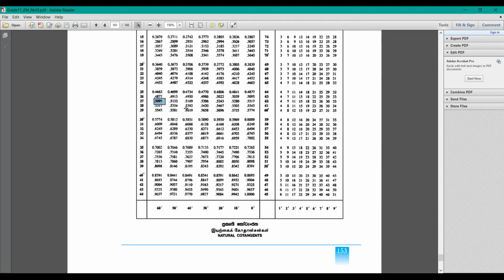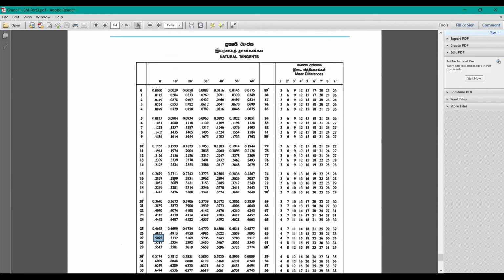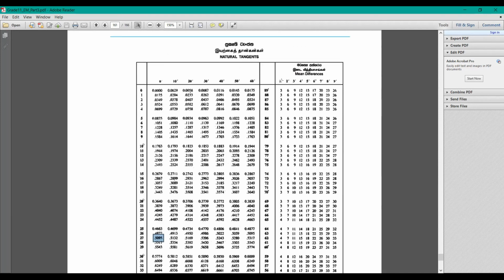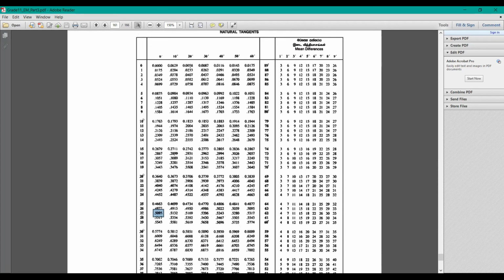From the mean difference, you can add 3, but you have 4 here, so you need to add 4. The angle value here is 27 degrees, and the 4 in the mean difference column means 1 minute. You need to add 4 here, so 4 means you have 1 minute.